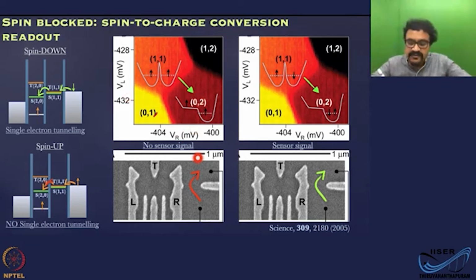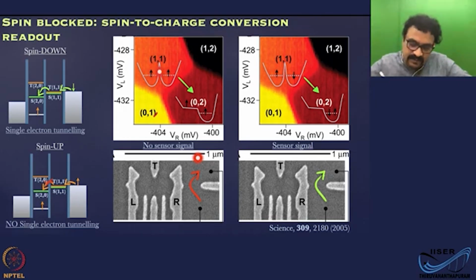But now, when I bring it here, the question is, would it form a 0-2 state or not? This is a 0-2 charge configuration. And this is a 1-1 charge configuration, this is a 1-2, and this is a 0-1 charge configuration.